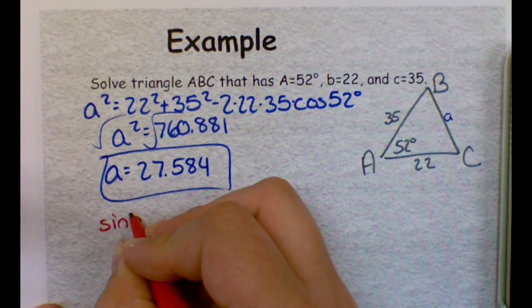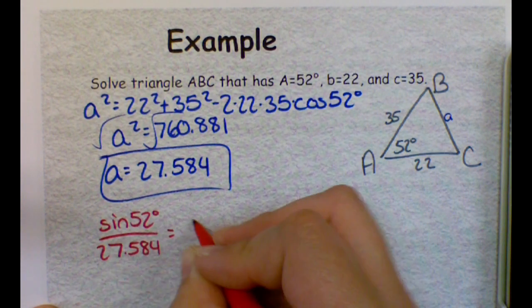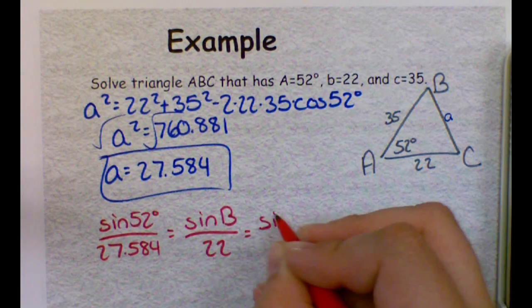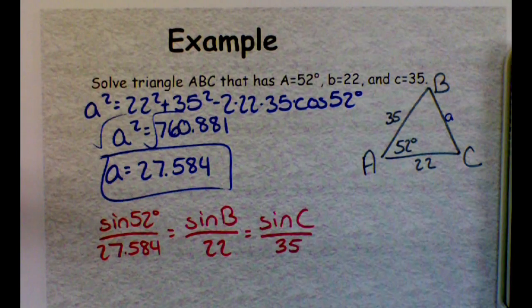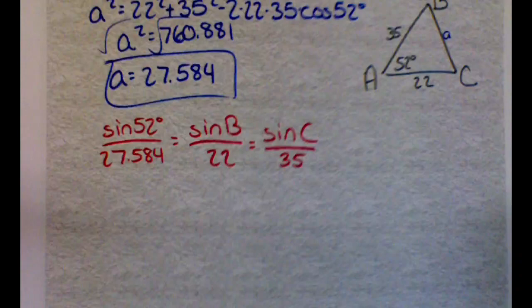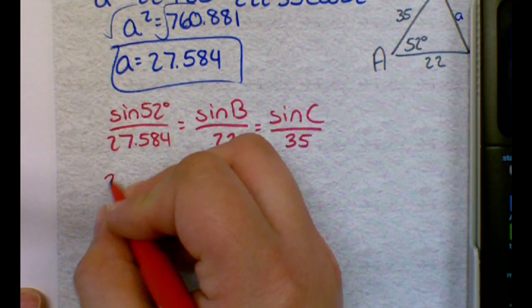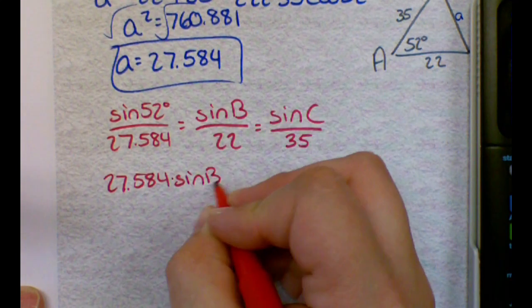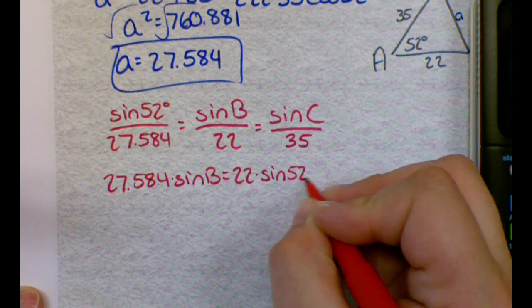Sine of angle A over side A, sine of B over side B equals sine of C over side C. Now we want to find the smaller angle next, which means I need to find angle B. So I'll cross multiply: 27.584 times the sine of B equals 22 times the sine of 52.